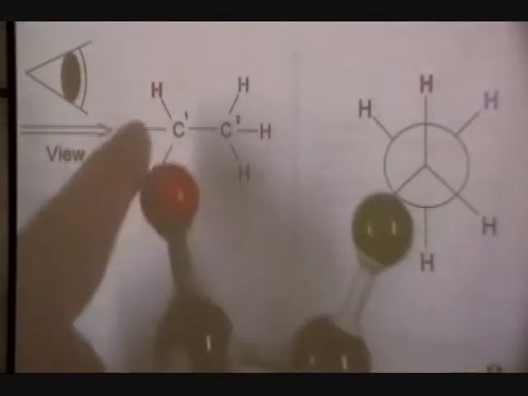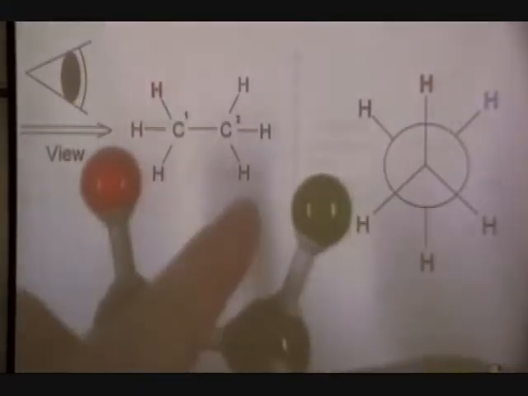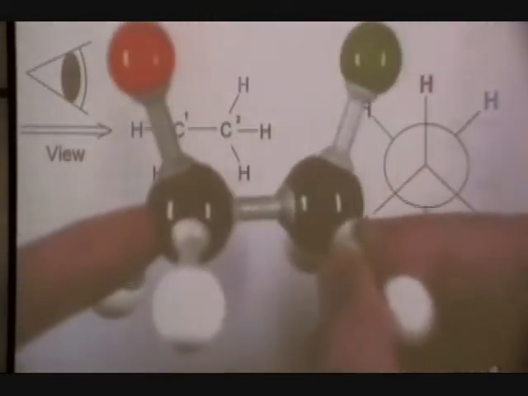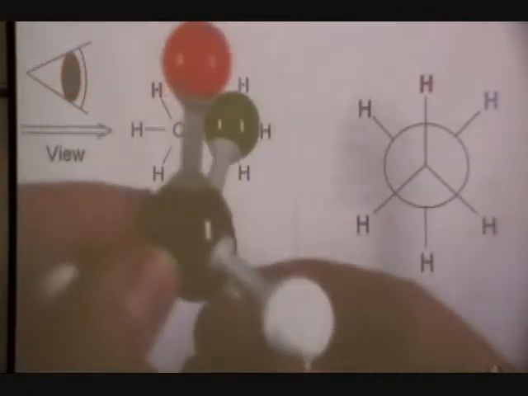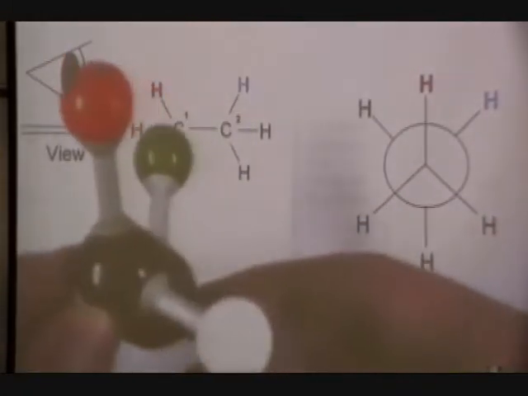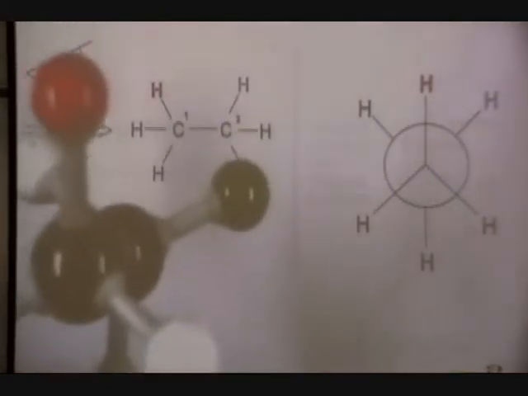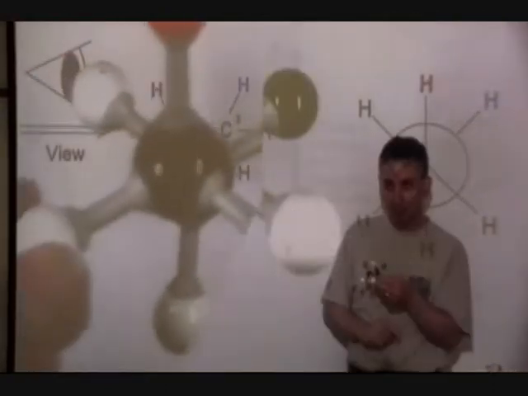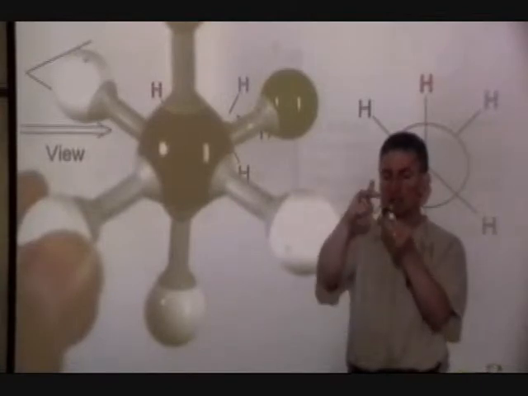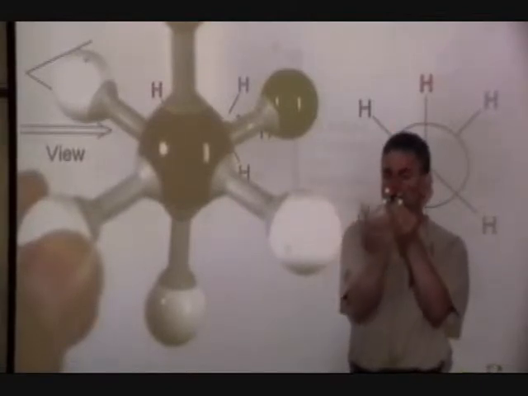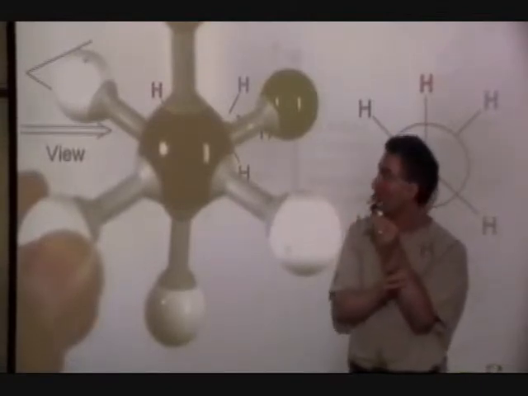So we use the orange to represent the red on the paper here, and I want to use the green and blue. We're looking at this molecule side on, so your eyes are coming from this side. As you look at the molecule, the hydrogen-to-carbon bonds spray out in a tetrahedral fashion.